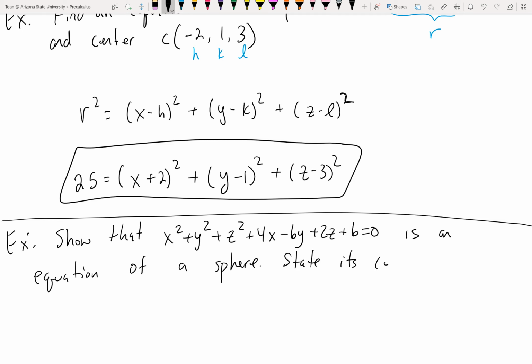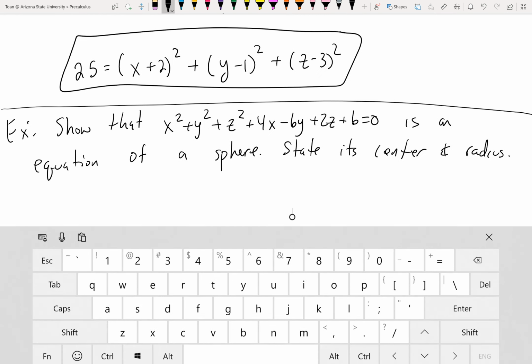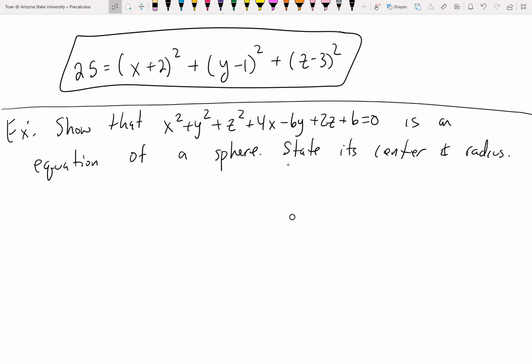State its center and radius. Wow. Well, how do we do this problem?